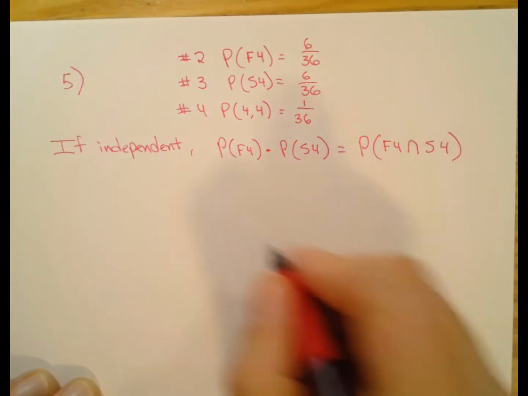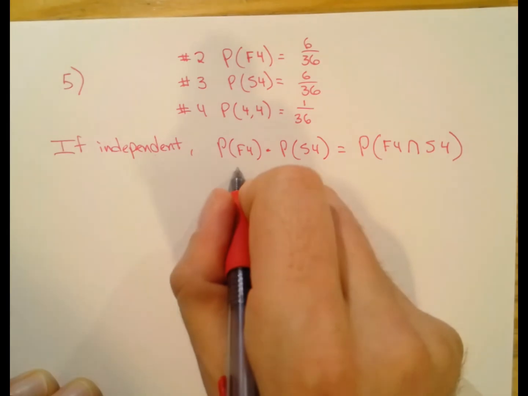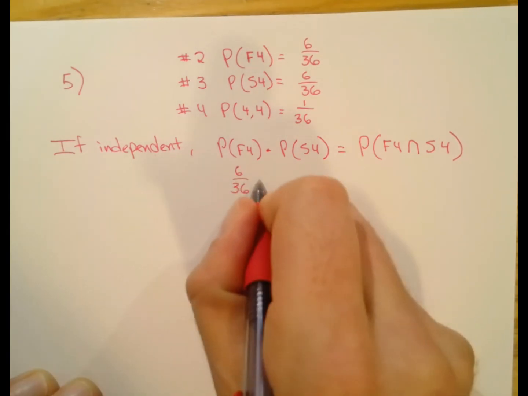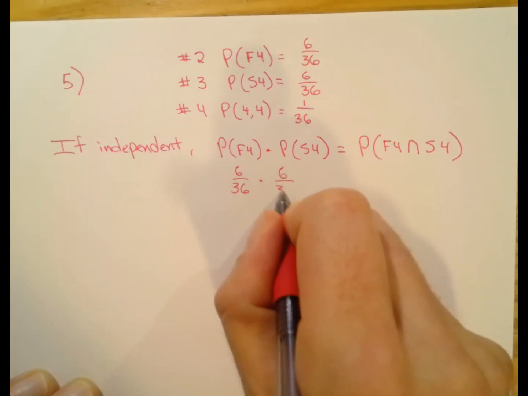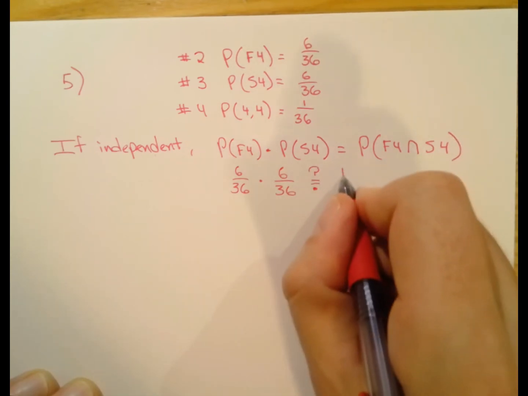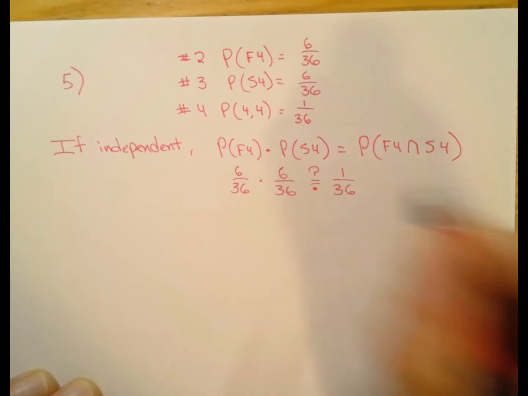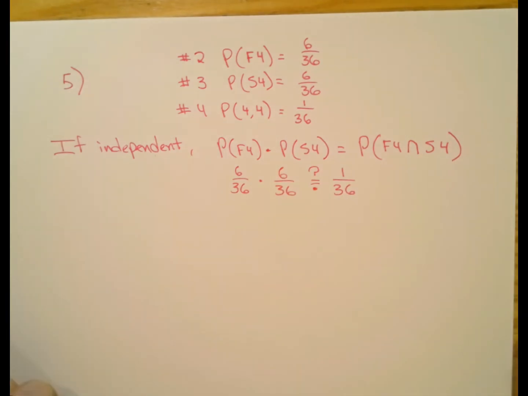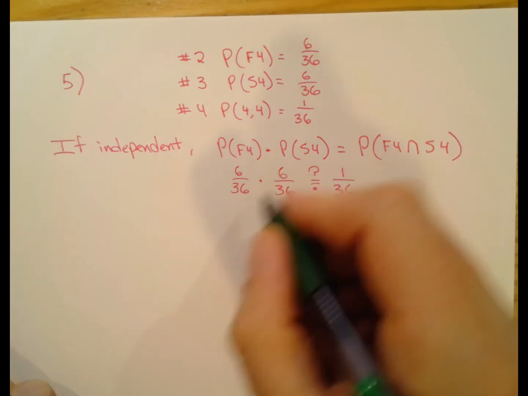So let's see, is that true? Is it true that 6 over 36 times 6 over 36 is equal to 1 over 36? Well, at first glance, you might think no, but let's not be too hasty.